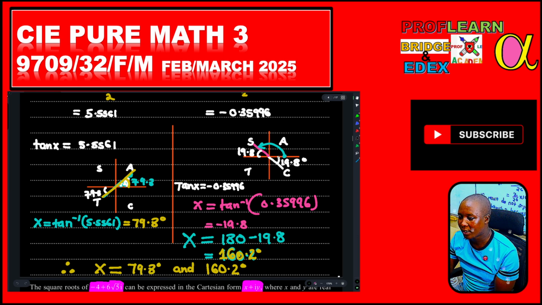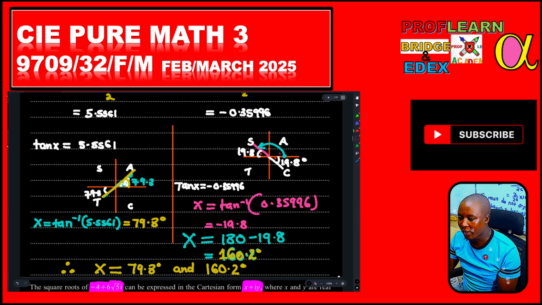So anytime you are getting a negative angle, it means you are going to read that below the x-axis, so that angle is going to be placed here. If you got it positive, it will be above this positive x-axis. So that's why we're having 19.8, and because of symmetry, if this angle is 19.8, this angle on the other side also is 19.8.